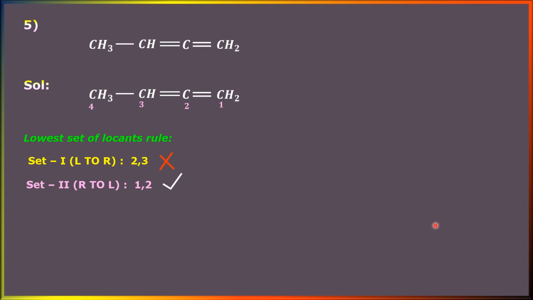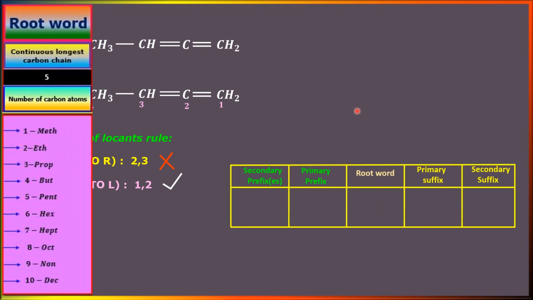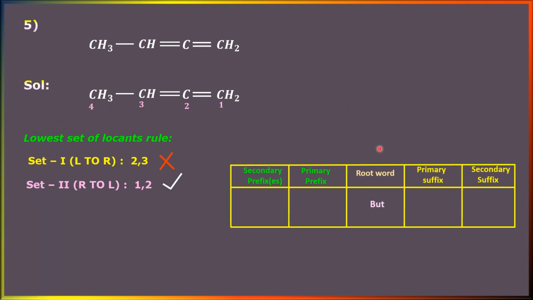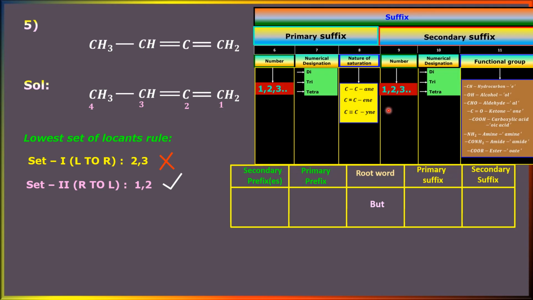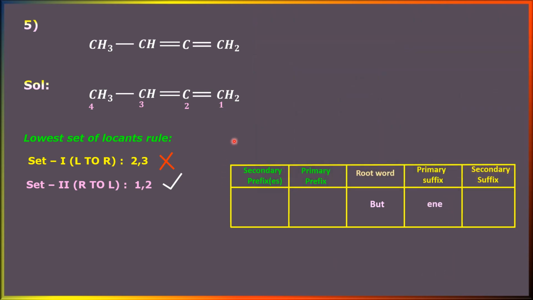Okay. Now, root word, 4 carbon atoms are there, it is but. Next, primary suffix, here double bonds are there, means here primary suffix is en. Okay, and there are no substituents and functional groups. So we have to indicate the position of the double bonds.